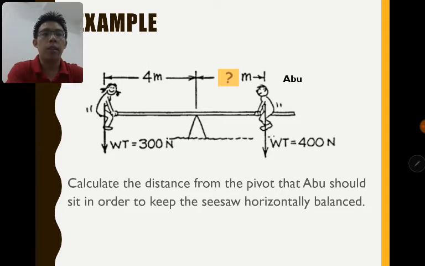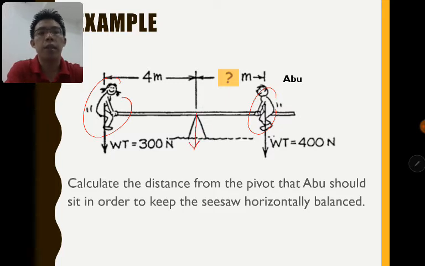This case is a bit simple, as we only have three forces acting on the seesaw. One is the weight of this girl, which is 300 Newton. One is the weight of Abu, which is 400 Newton. The other one is the weight of the plank.